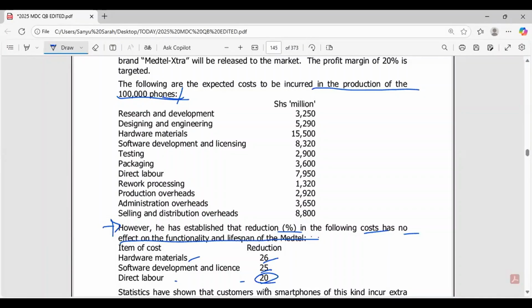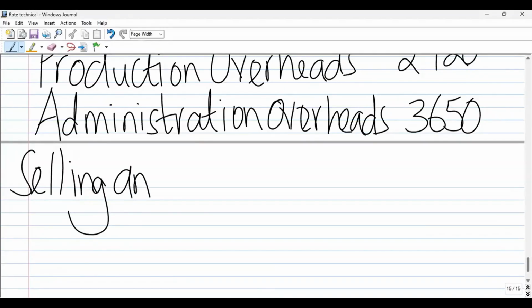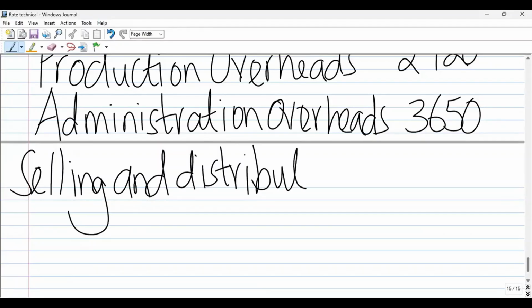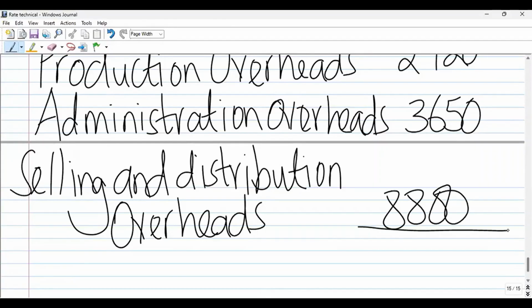So we have selling and distribution overheads, 800. Those are the only costs they gave us. So let's compute total costs of production.